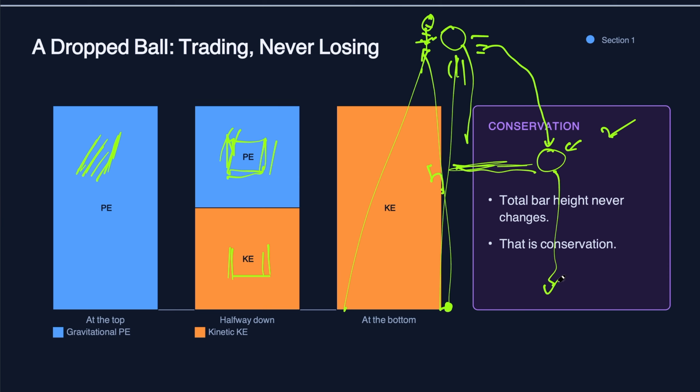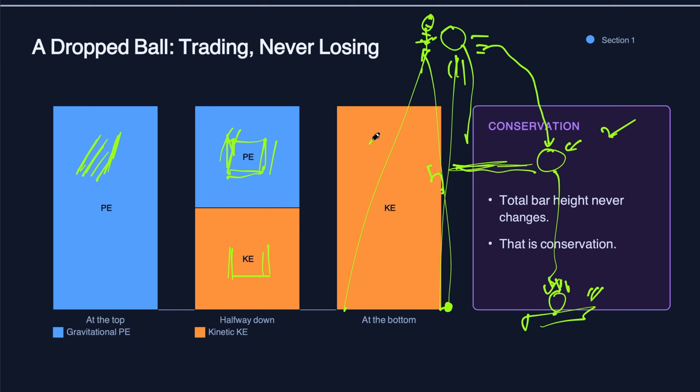And at the very end, like right before it hits the ground, okay? Because once it hits the ground, it generates sound, which is going to bounce off the floor, right? It generates sound here. It's also going to generate heat on the floor. So that's the energy that's going to be dissipating. But what is the energy right before it hits the floor?